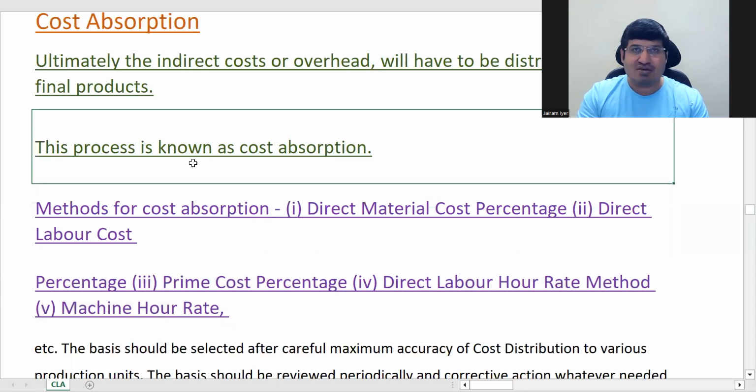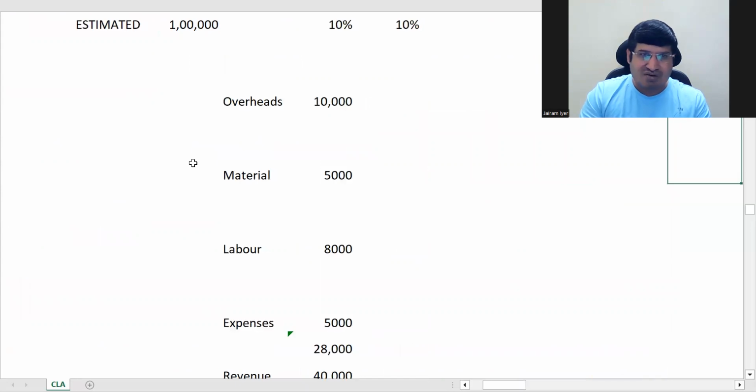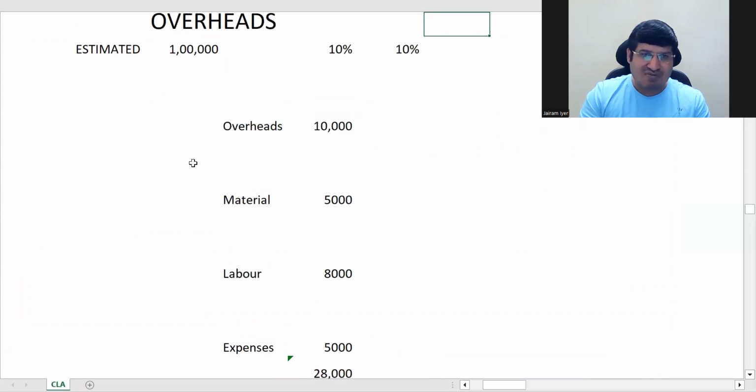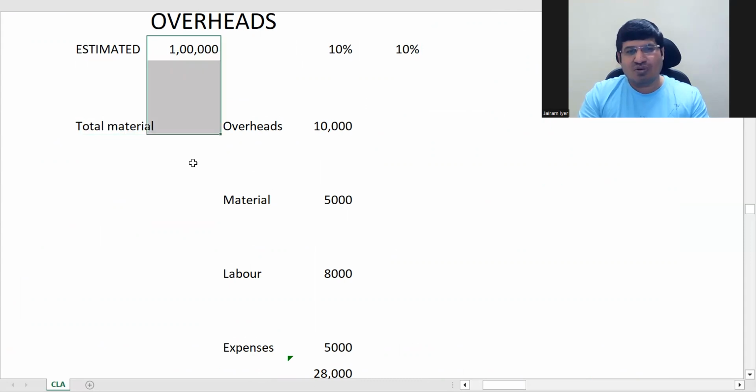These are the bases of absorption. So what is done is, you come to know that this is your total overheads, like 1 lakh, and you also see what is the total material required.